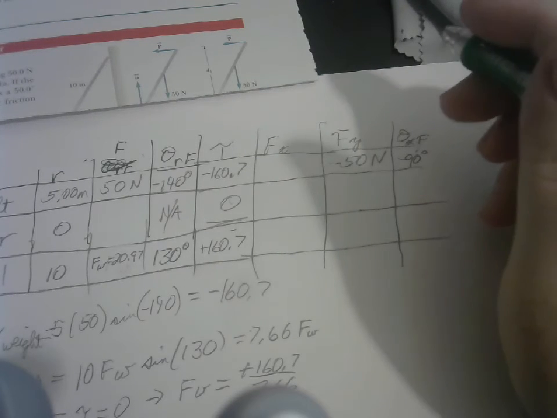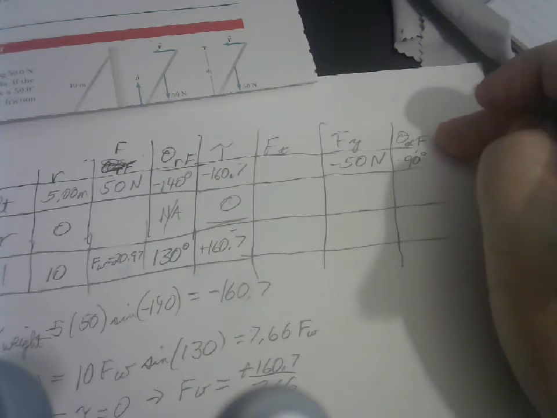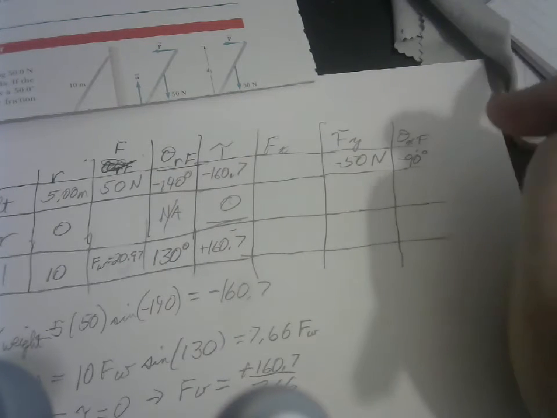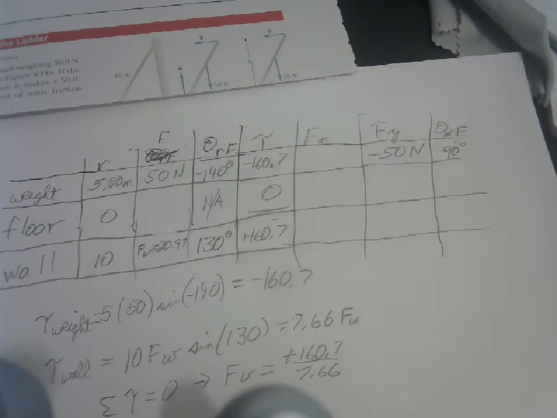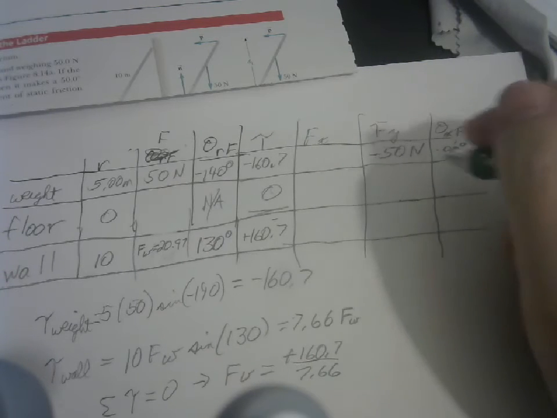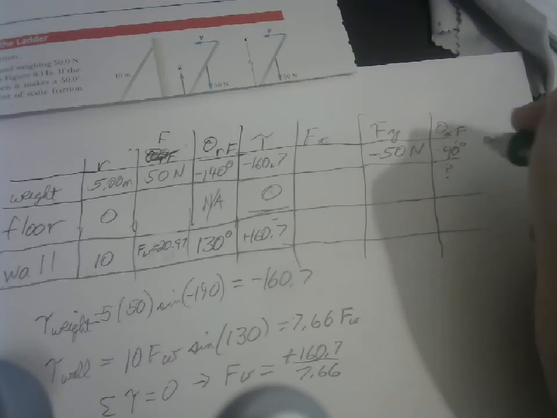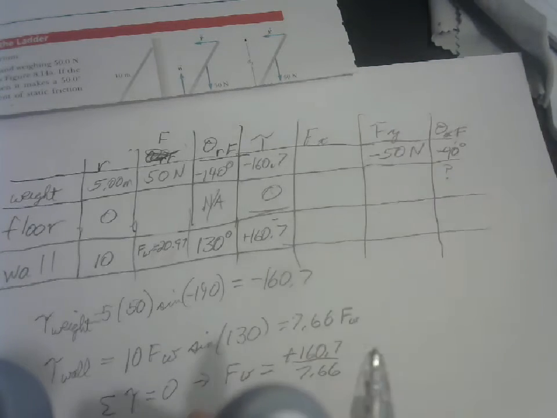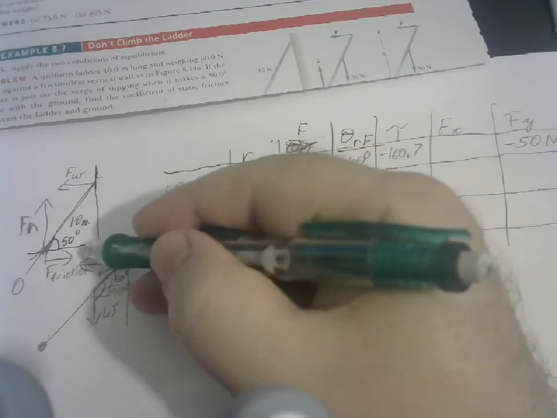Theta xf. Yeah, so we're going from the x coordinate to the force direction. Theta xf would be 90 degrees for the weight. For the floor, we actually don't know, because part of the force from the floor is the normal force and part is from the friction.